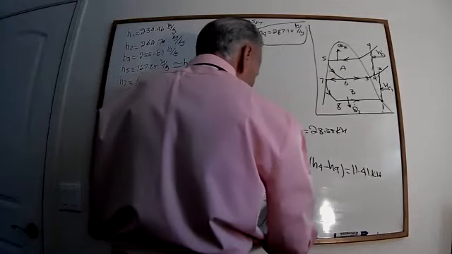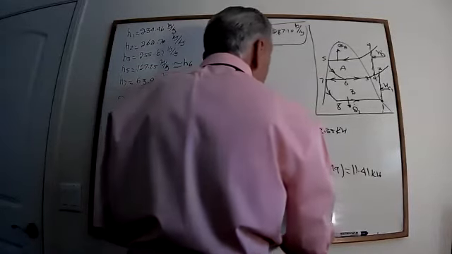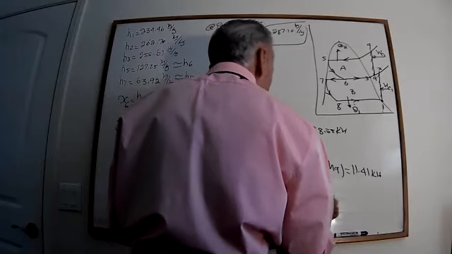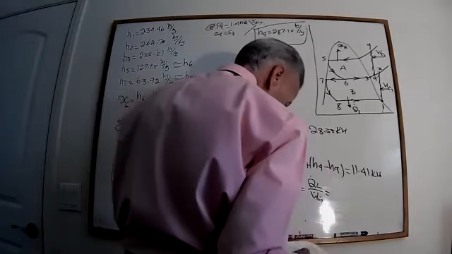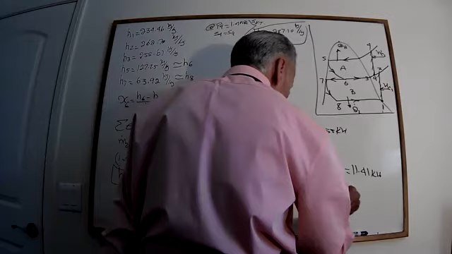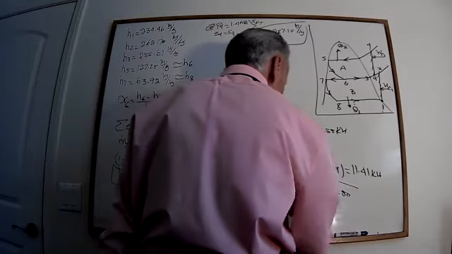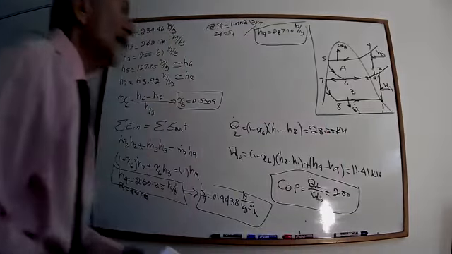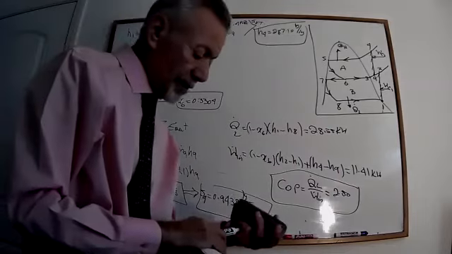Finally, finding the COP, that's the QL divided by work in, and that gives us 2.50 coefficient of performance. Any questions?